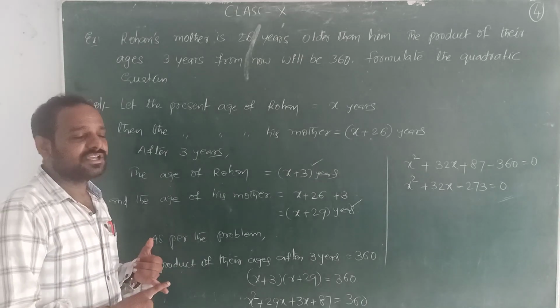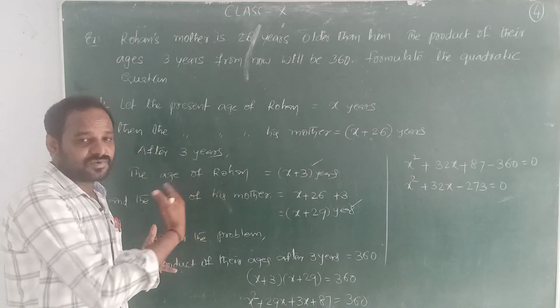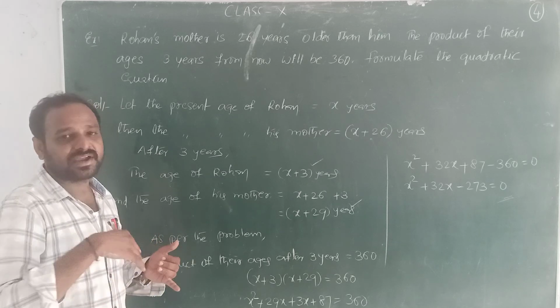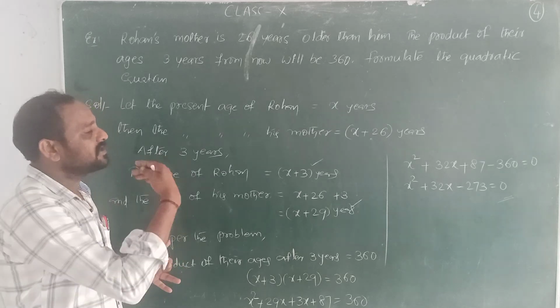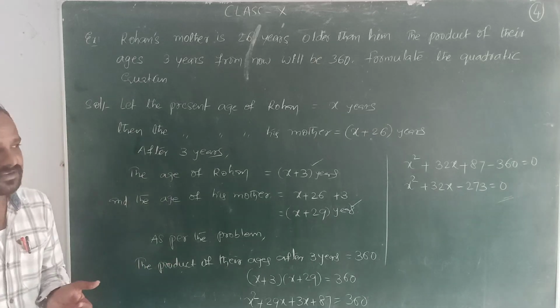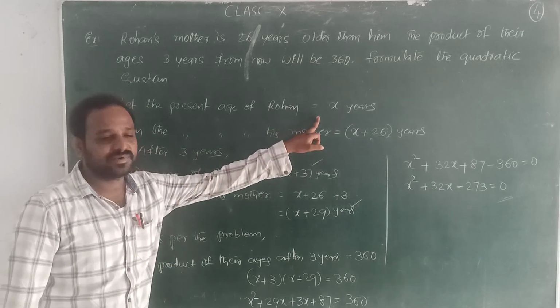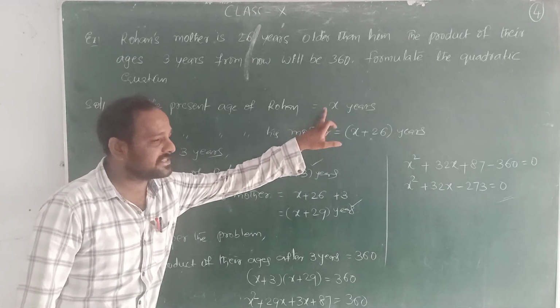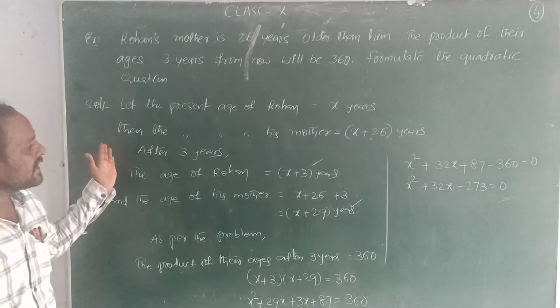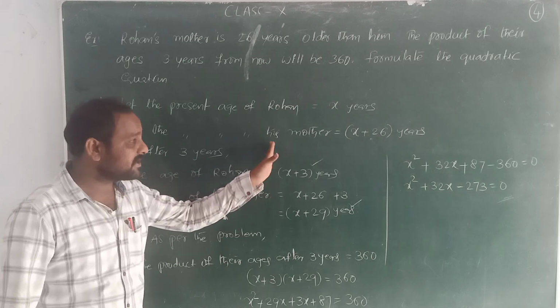Why? Because if we knew the age of Rohan, then we are able to find out easily the age of his mother. Did you understand? So first, the present age of Rohan is, we don't know, so we have to say x years.